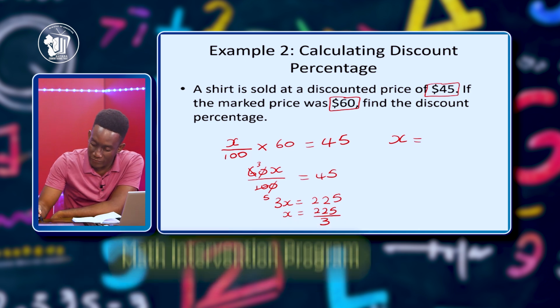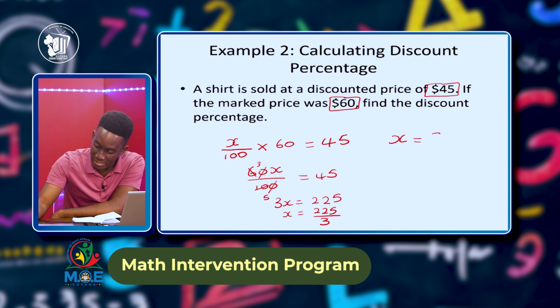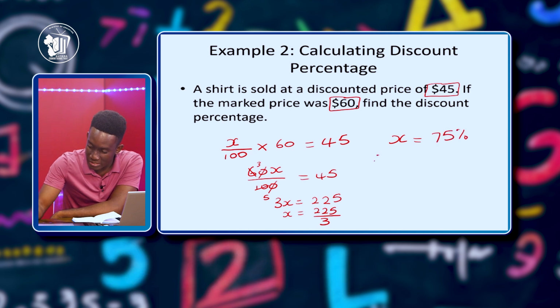When we divide 225 by 3, we'll end up with 75%. So we can say, therefore, the discounted percentage is 75%.